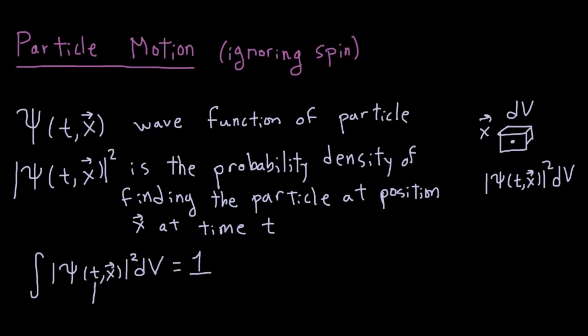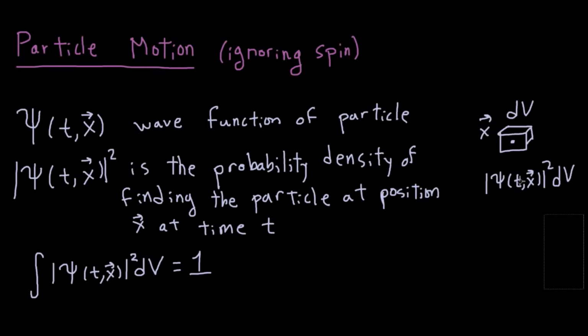And here t is any particular time you choose. We're not integrating over time here. So this is the condition you should have if your wave function is properly normalized. And this just means that the probability of finding your particle anywhere in space is 1.